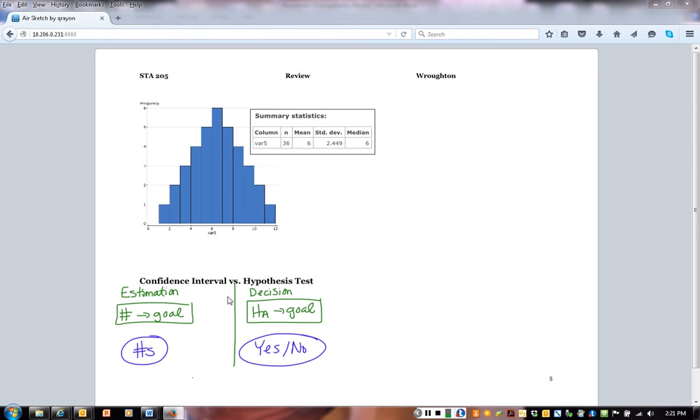Does a majority of U.S. citizens believe we should bring in the Syrian refugees? Yes, a majority does, or no, a majority doesn't. That's what I want, a decision between those two things. That's how I should decide when to do a confidence interval versus a hypothesis test, depending upon what my goal really is with the problem.